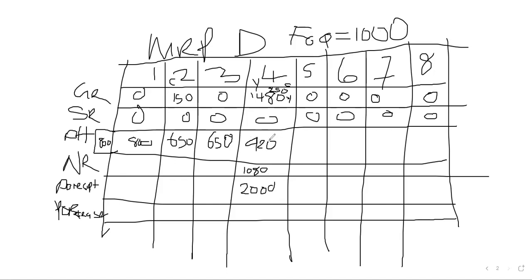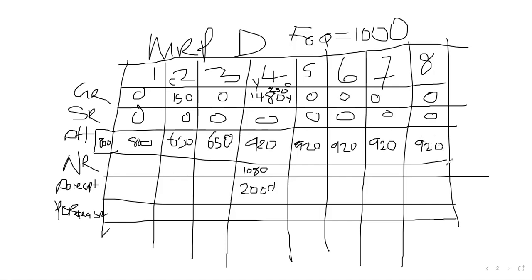So this 920 plus 0 minus 0 will still be 920, and the following weeks will still be 920.